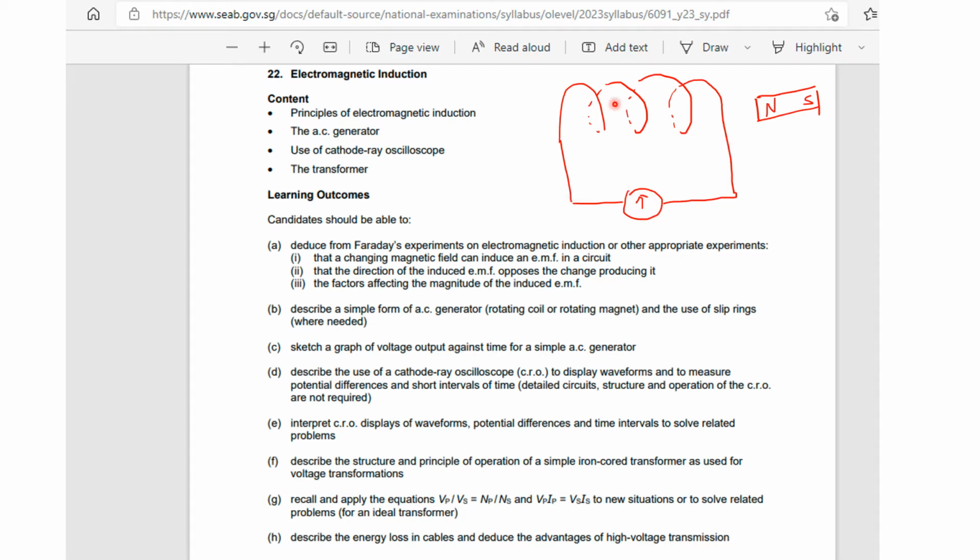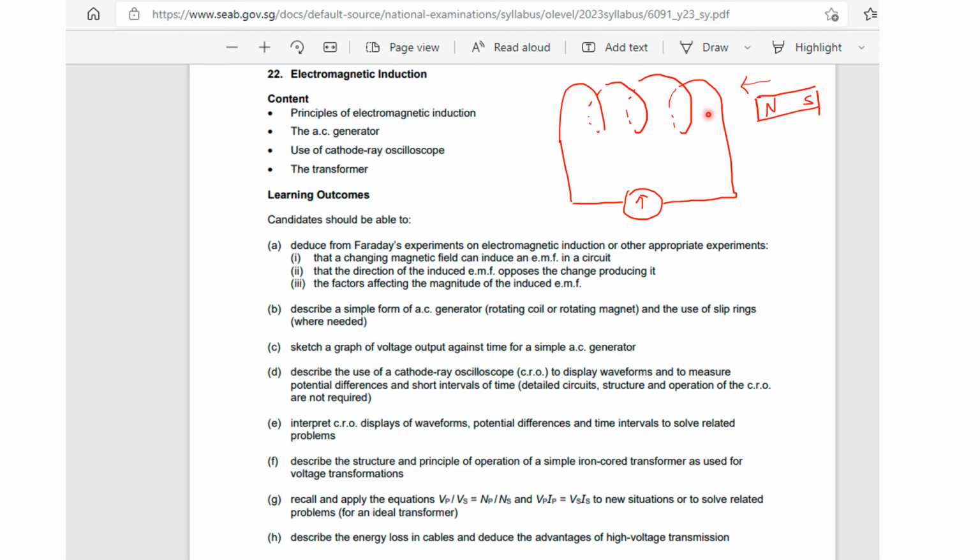And what is the direction of the current induced? Well, it depends on Lenz's law. Lenz's law says that the direction of the induced current will oppose the change producing it. So this is a north pole. If the magnet is going into the coil, then this side of the coil will try to oppose this motion.